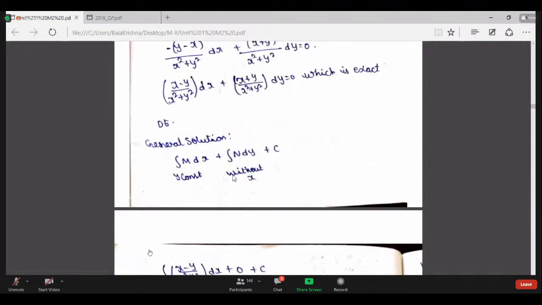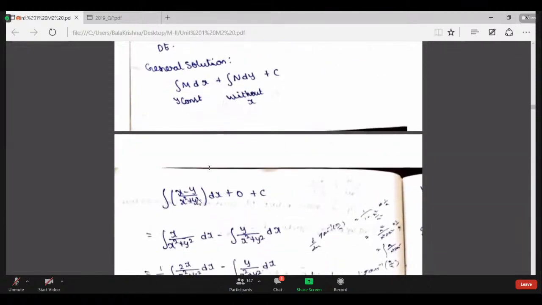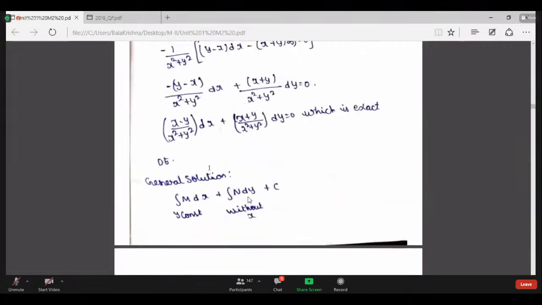Once it is exact, its solution is given by integration of M dx plus integration of N dy, where in M, y terms are treated as constants, and in N, the terms should be considered without x terms. So here this is the M function and this is the N function. So M is x minus y by x square plus y square dx, plus integration N. N is x plus y by x square plus y square.